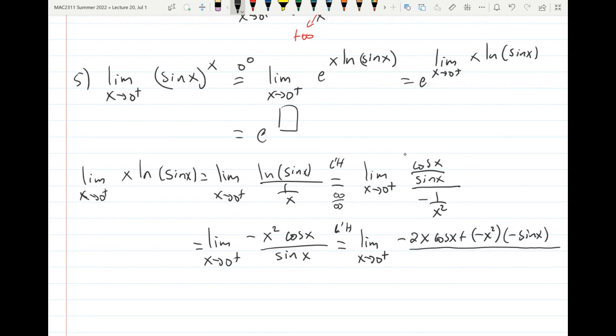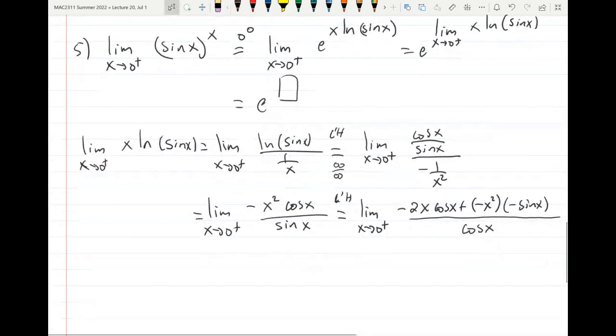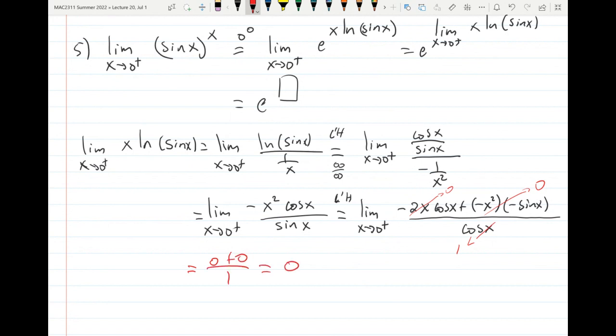And then the denominator is the derivative of sine, that's a cosine. Okay, now here we're good because cosine of 0 is 1, so now we don't have a 0 in the bottom anymore. So when we take the limit, this part right here becomes 0. This part here becomes 0 because of the x, and this part here becomes 1. So this limit is 0 plus 0 over 1, so that's equal to 0.